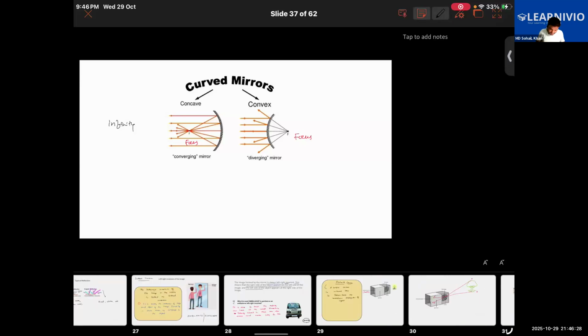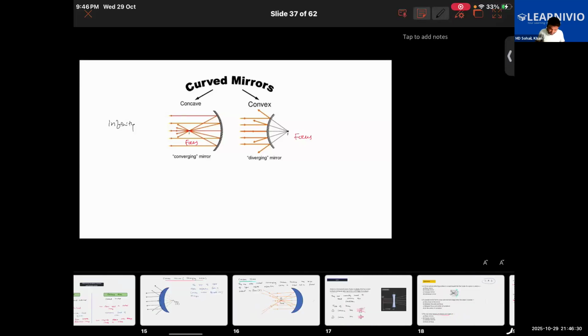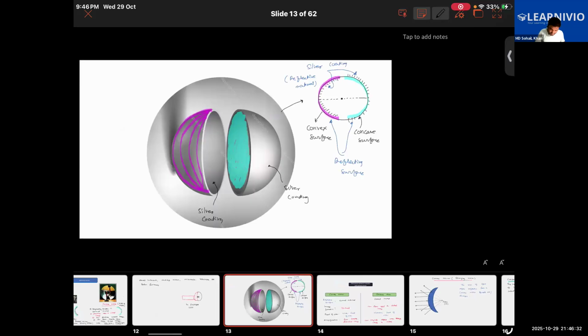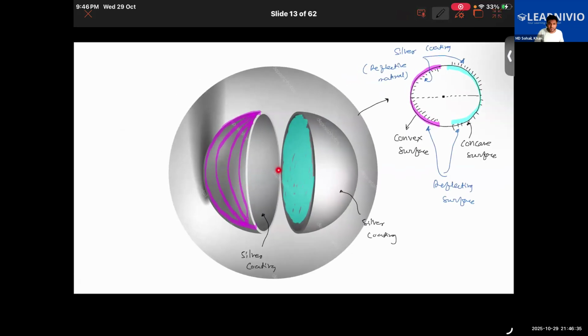See, these spherical mirrors are part of a spherical glass ball. Say this is the spherical glass ball, and this is its diameter.